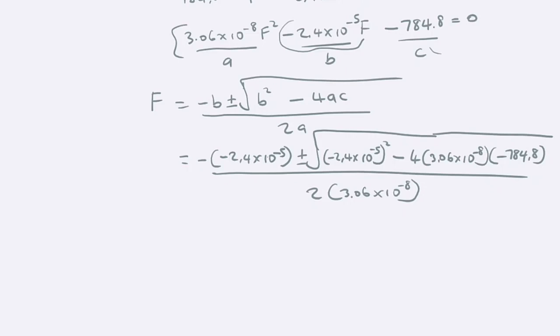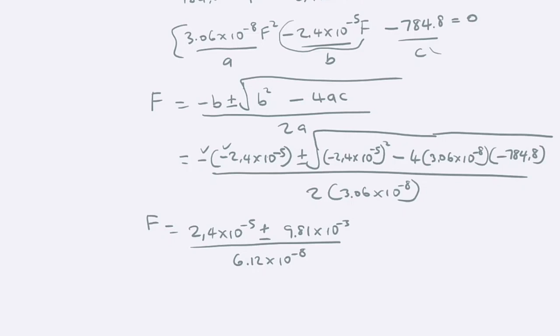Then when you solve all this, it comes down here. Because this is negative and this is negative, it's going to give you positive 4 times 10 to the exponent negative 5, then plus or minus 9.81 times 10 to the exponent negative 3, divided by 6.12 times 10 to the exponent negative 8.